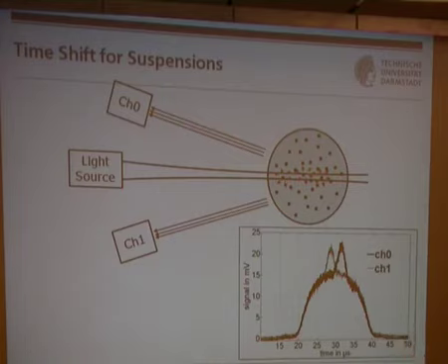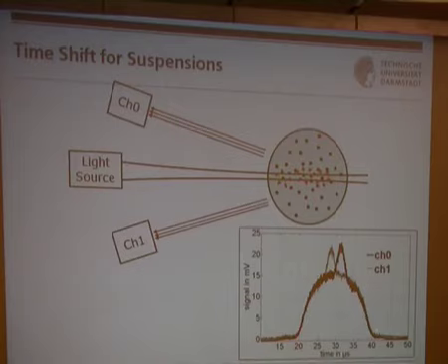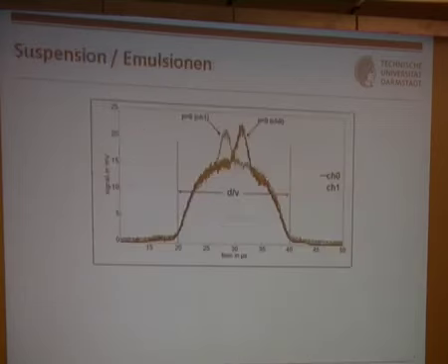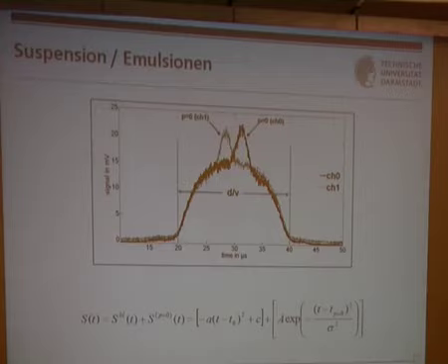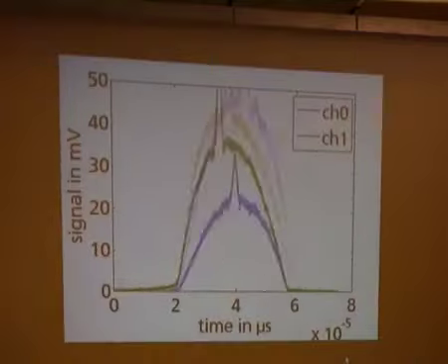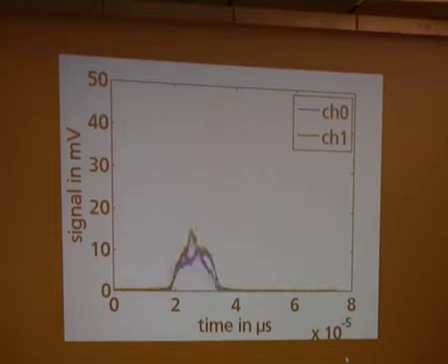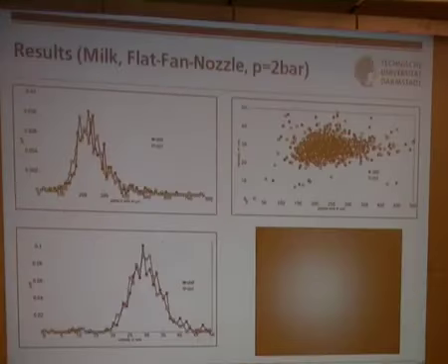As a result, you have the typical time shift signal for suspensions. This is what we call the baseline, and these two peaks correspond to the reflection effect. We have some model, and we can then calculate the particle size and the velocity from the signal.